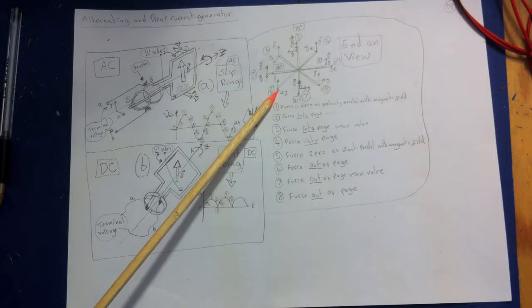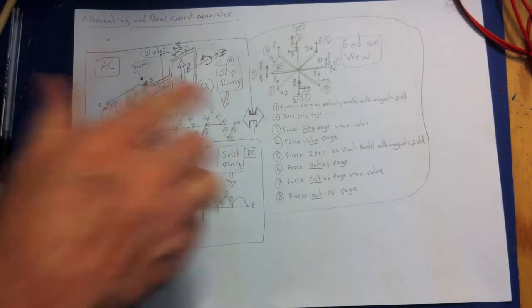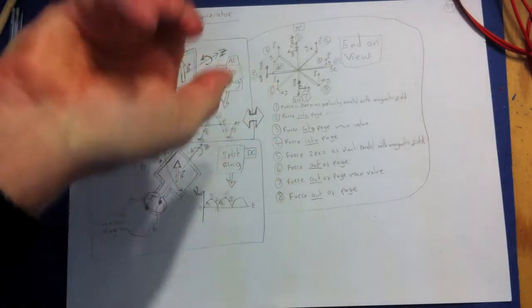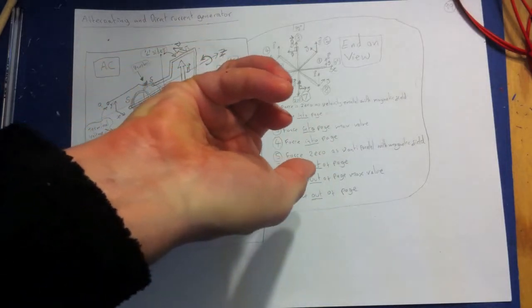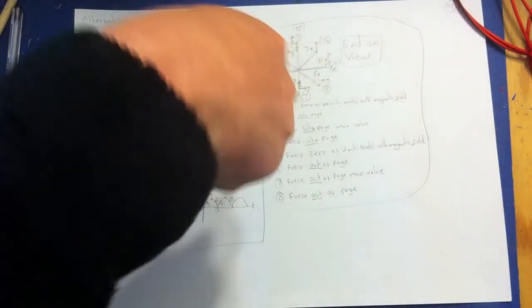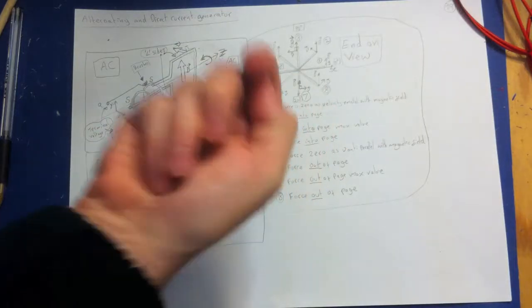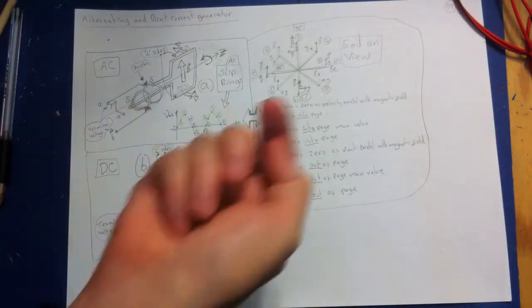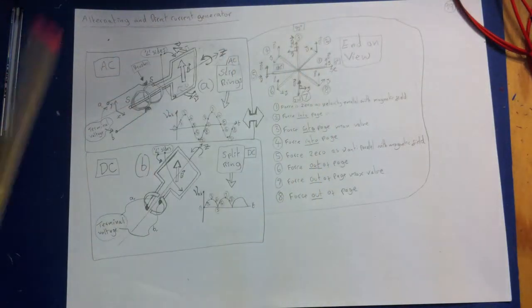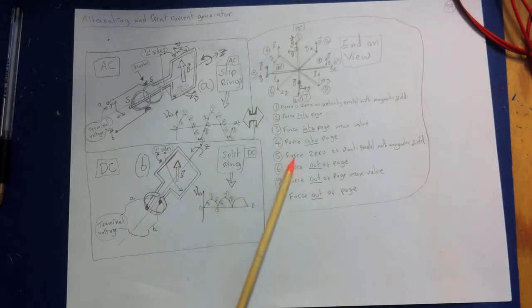And then at 6, we can see that the velocity vector is now going down. So if we screw the velocity vector into the B, we're going up, so now it's coming out of the page. So the EMF has changed direction. At this point, number 6, we can see there's a change of direction.